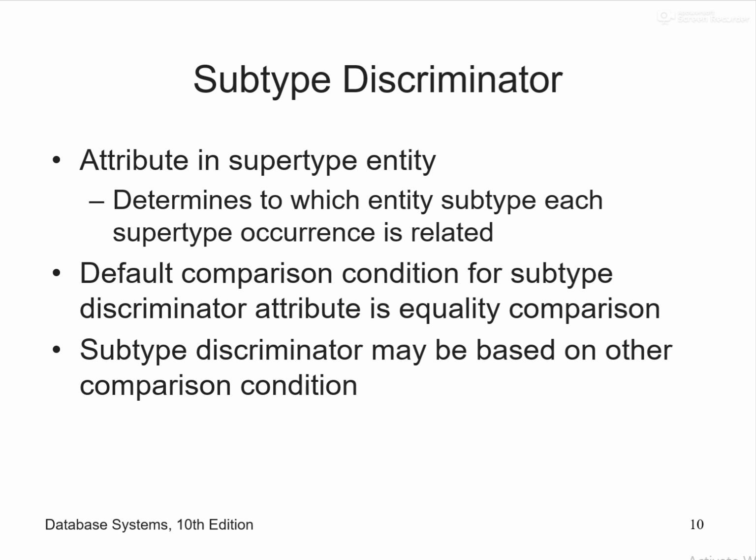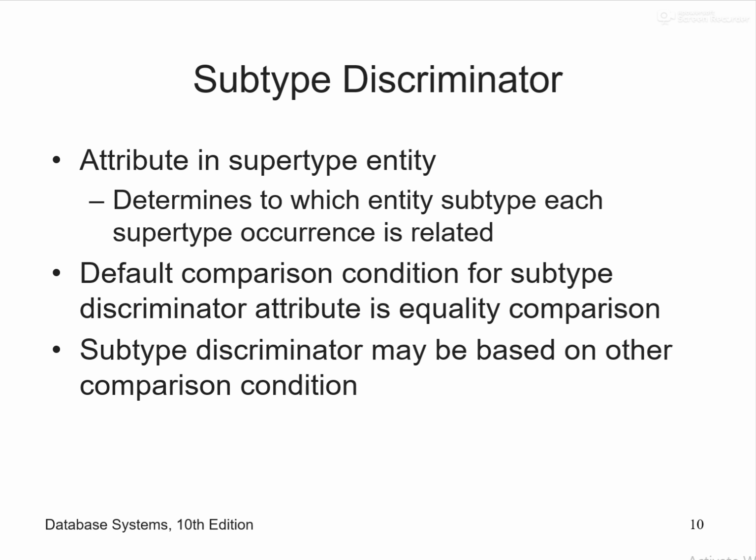A pilot in command qualified pilot must have more than 1500 PIC flight hours. So in this case, the subtype discriminator would be flight hours, and the criteria would be greater than 1500 or less than or equal to 1500. If it is greater than 1500, it means this pilot is a PIC qualified pilot, and if it is less, then it is a co-pilot.